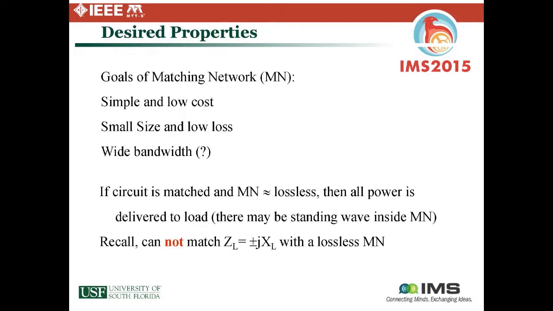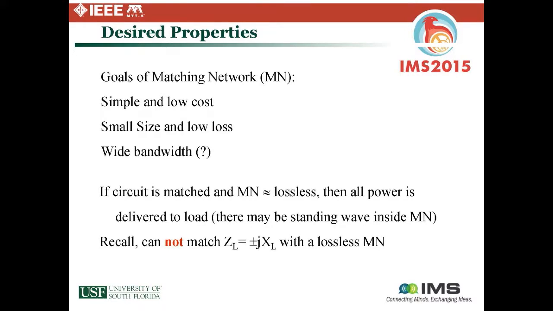If the circuit is matched and the matching network is lossless, then all the power is going to be delivered to the load. And one of the things that is a consequence of the theory is if you have a reactive load, you're not going to be able to match that with a lossy matching network.